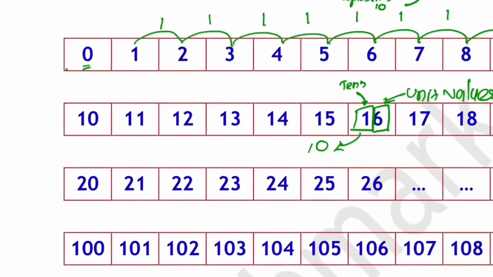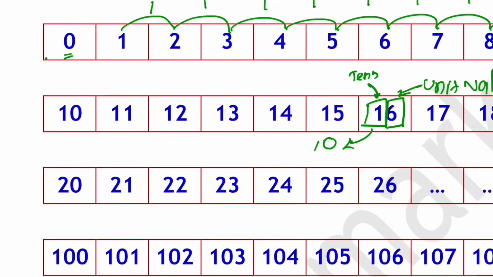Check another example. Now look, this 20, 0 represents nothing, so 2 should be carrying the full value of 20. So, the 2 here represents 20. If you think about this, 24, 4 is representing 4, 2 is in tens, so it should be representing 20.